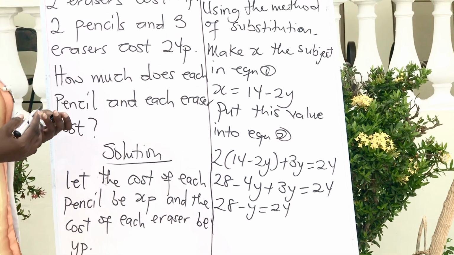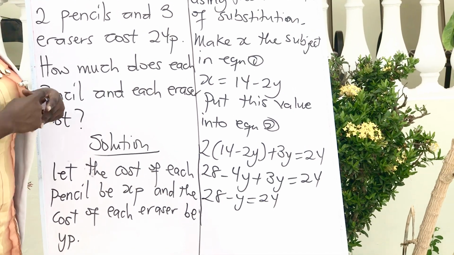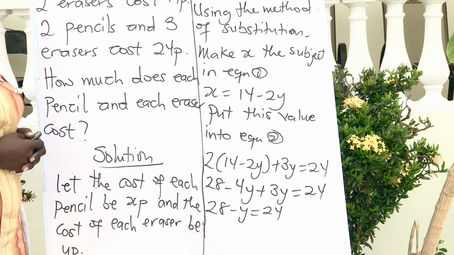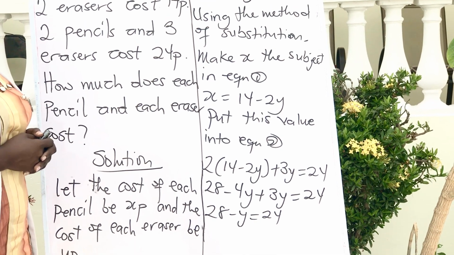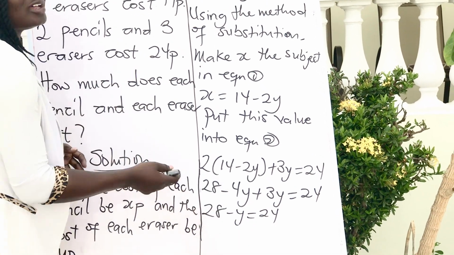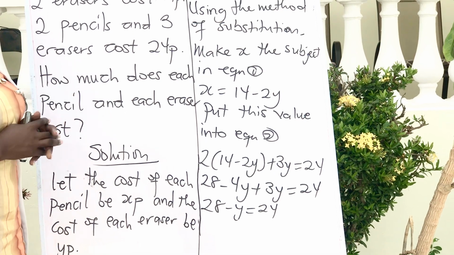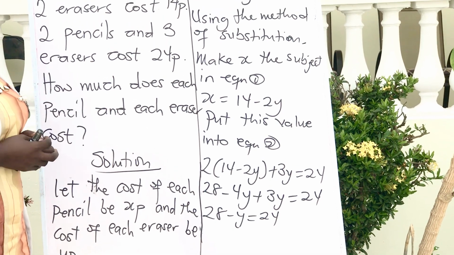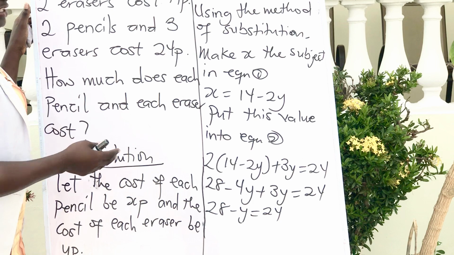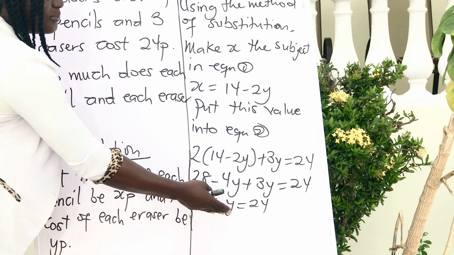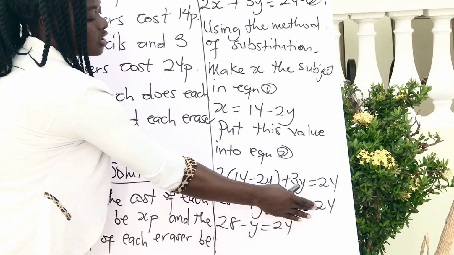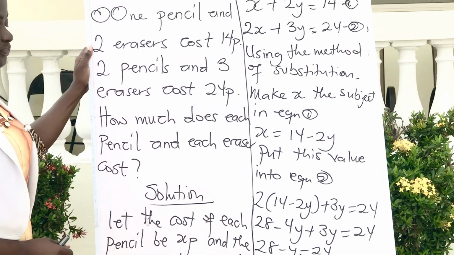you are owing 4 and you pay 3 from your 4. You are still owing, it's a debt. So you have a negative 1Y, but there's no need for you to write the 1. So you get 28 minus Y equals your 24.